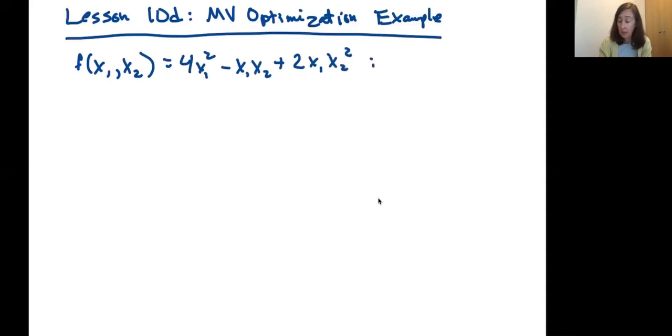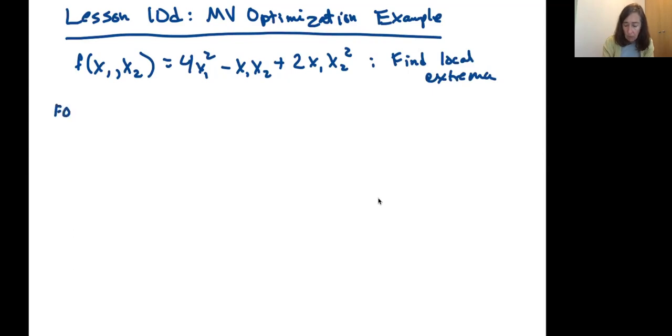And let's say our task is just to find local extreme values. Just as we talked about in the last lesson, we're going to find values of x1 and x2 that satisfy the first order conditions. We're going to form the Hessian, and we're going to evaluate the Hessian at our critical points to classify them.